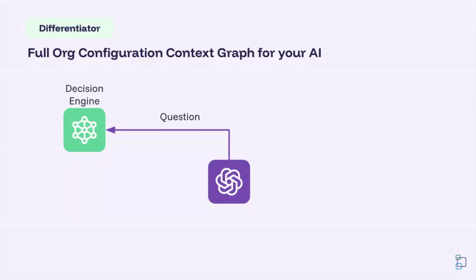Sometimes it will require looking at full metadata files, but sometimes it will just require looking at the repository of dependency, usage, and access information we have already denormalized in the Elements database, and then provide your AI, or in this case our AI, that full relevant configuration context to make sure that the answer it gives and the reasoning it performs accounts for the full context of your org.